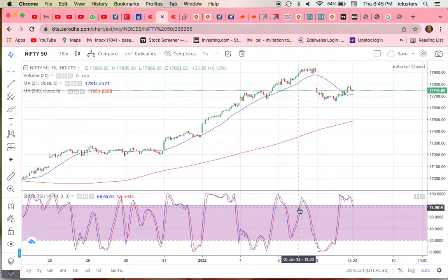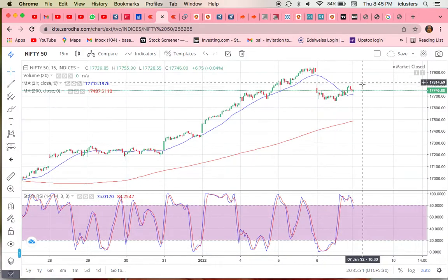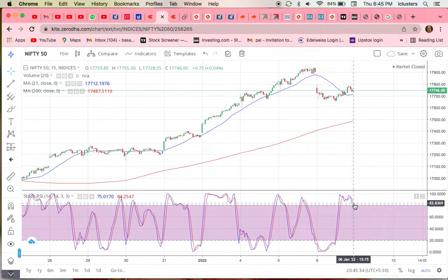What this indicator will show about the price movement: see here it was 80 in the upper area and here below at 20. One is the price line and one is the RSI line. This will show the overbought zone from above 80.